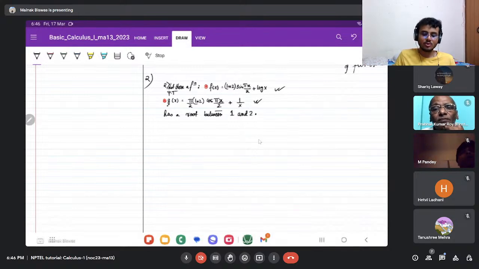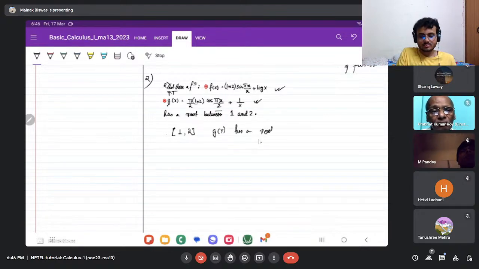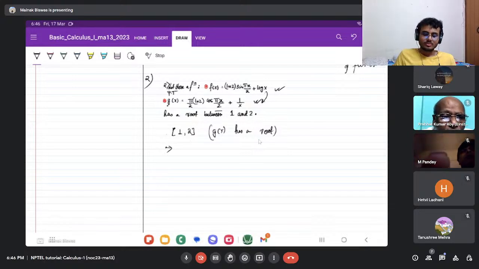Any idea how we'll do it? When you get this type of question, what do you think we should do? Is there a relation between these two functions f and g?